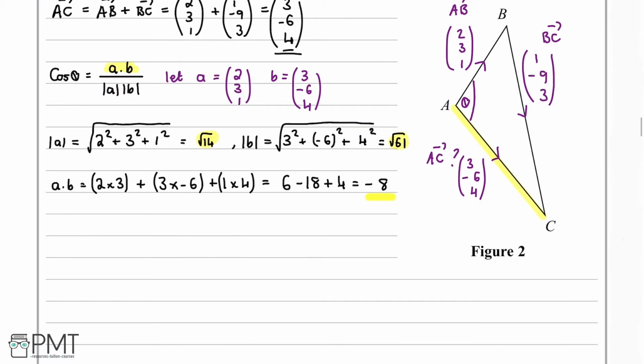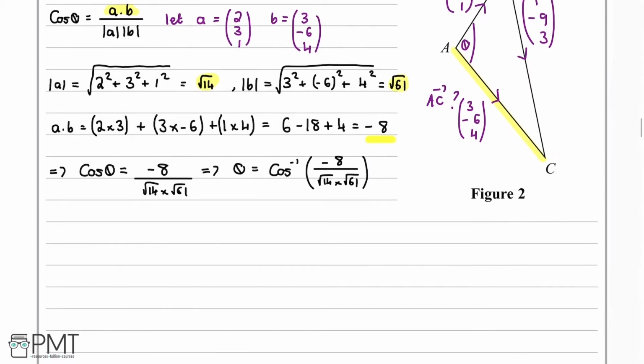Taking a look at our formula, cos theta is going to be equal to -8 divided by root 14 times root 61. We then have that theta is equal to cos to the -1 of -8 over root 14 times root 61.